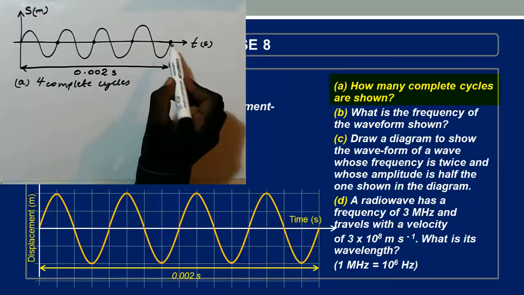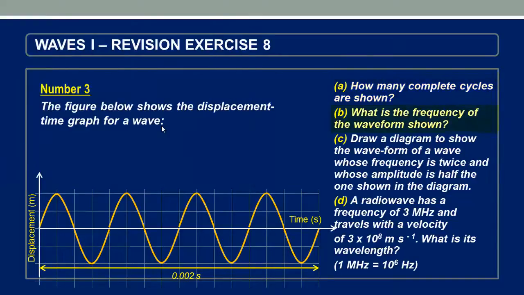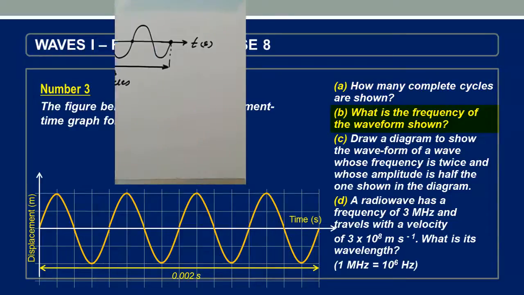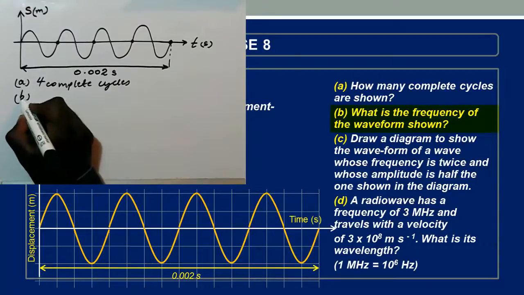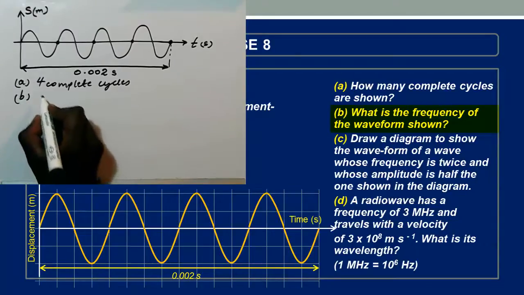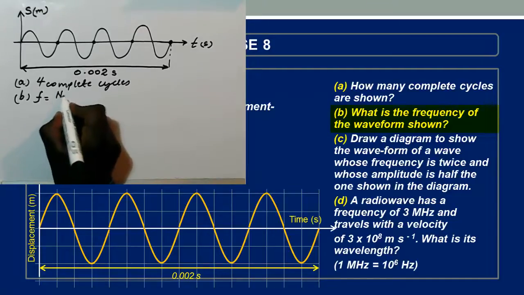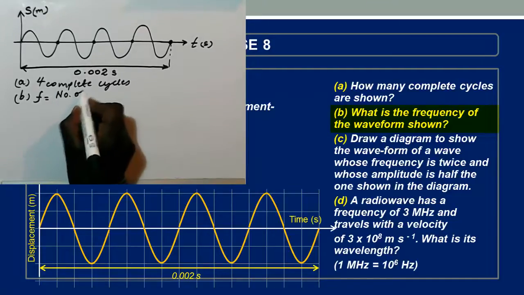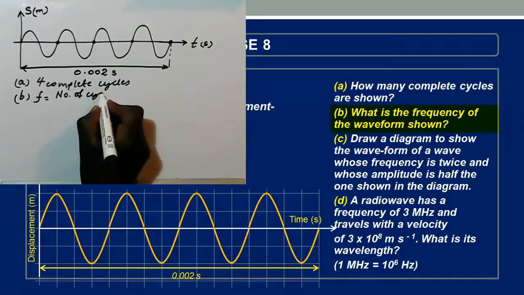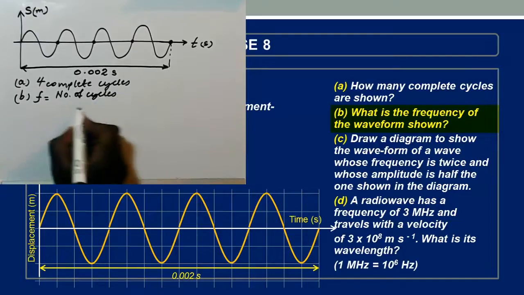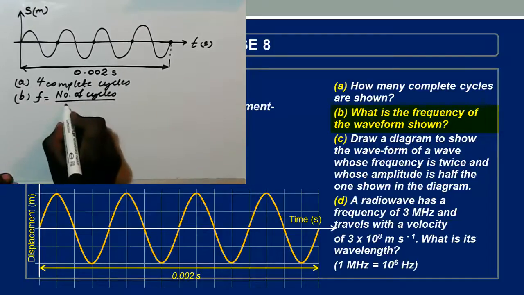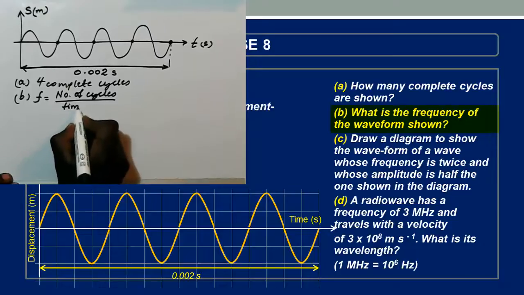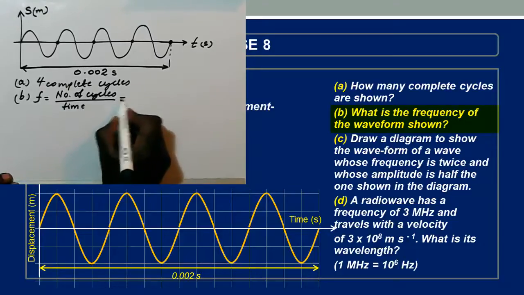Now let's look at part B. We are asked, what is the frequency of the waveform shown? In order to determine frequency, we must remember that frequency is the number of cycles that have been made divided by the time taken to make those cycles.